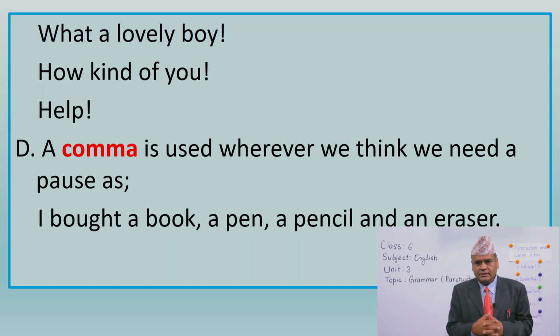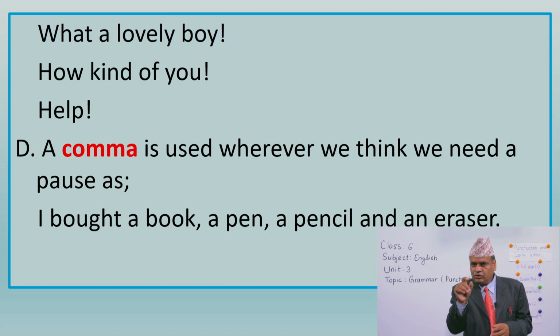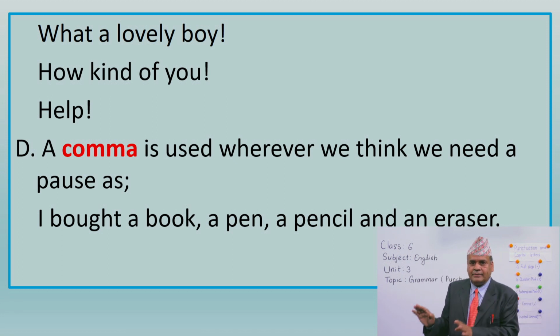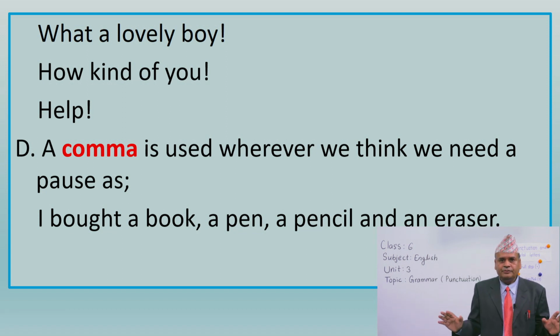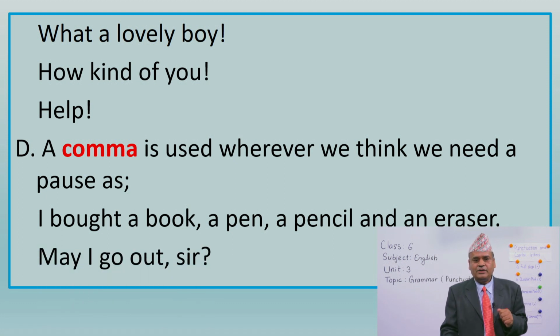Why? Because, but we are not using that comma after pencil because we are joining the words with and. When we use and, we don't use comma. But when similar type of items come one after another in a sentence, at that time we use comma, right? So I hope you got the idea about punctuation marks, okay?